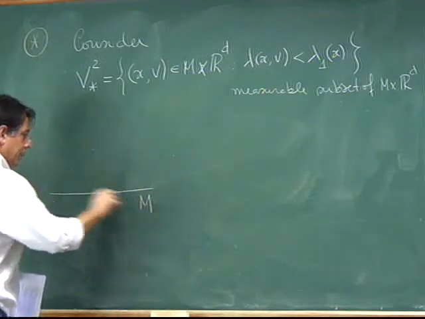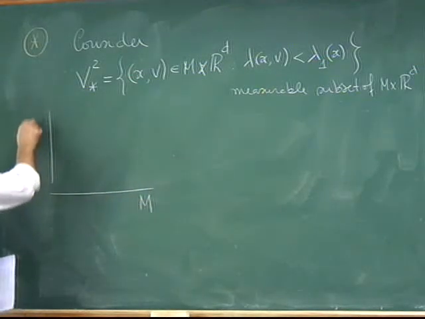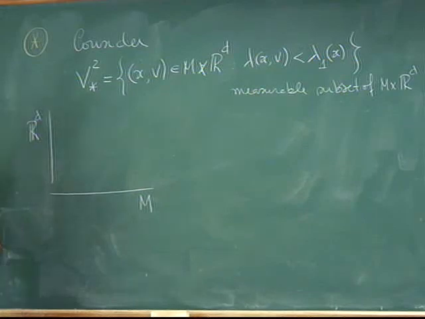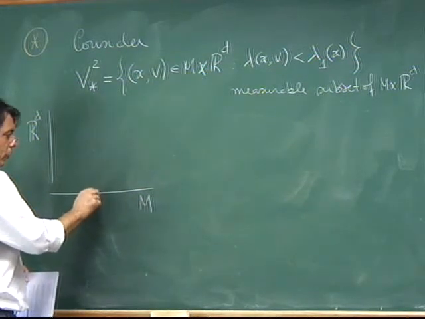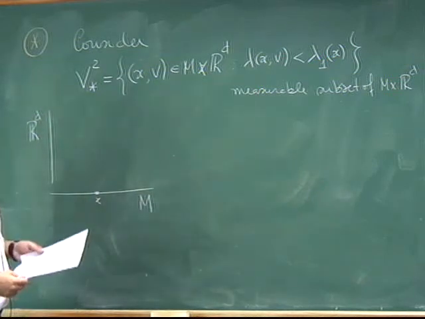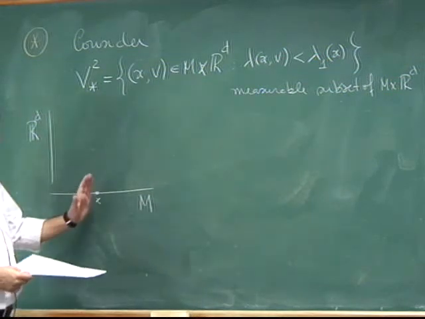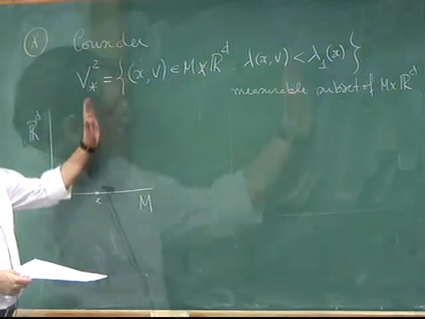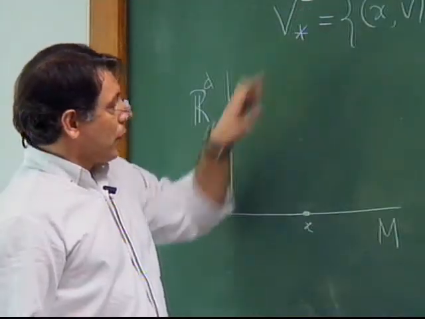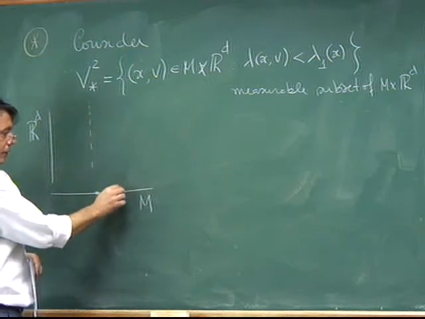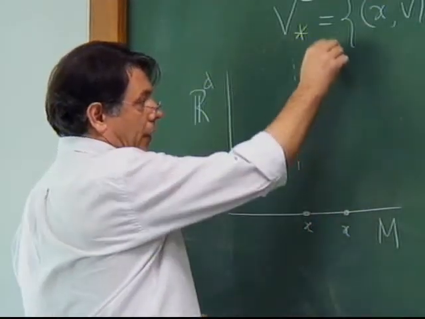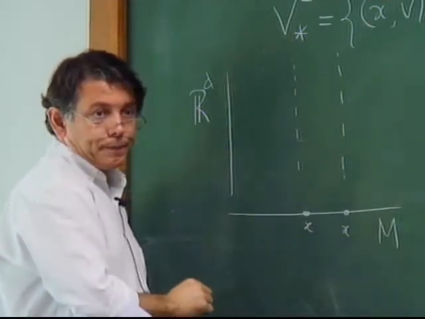Here is M. Here is M cross R^d. Here is R^d. And then, you see, depending on the point x, it may happen that V2 star intersects the vertical over x or not.